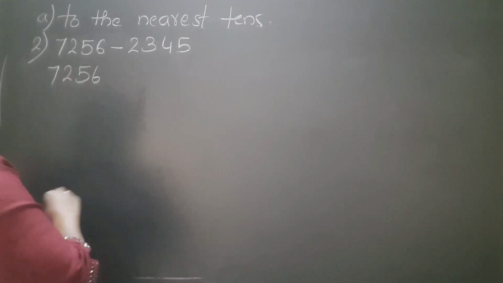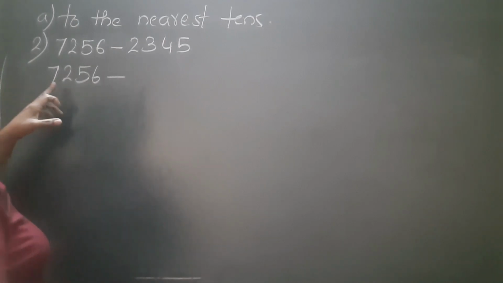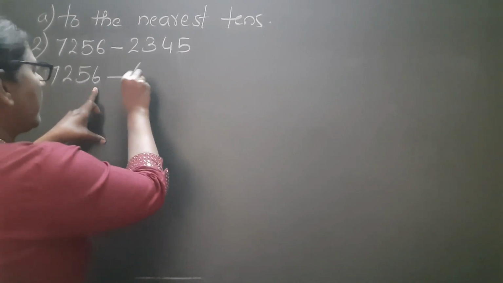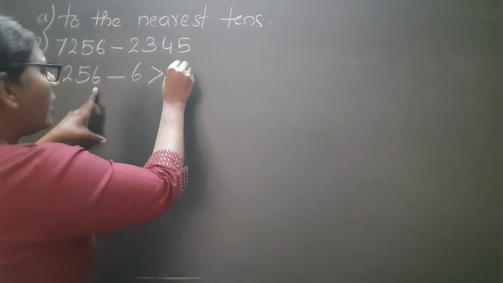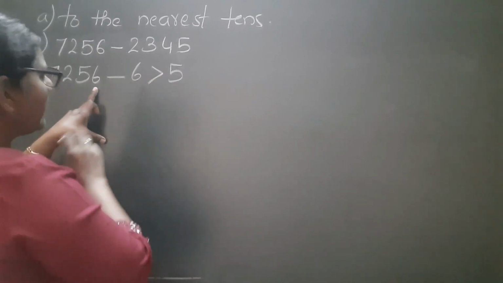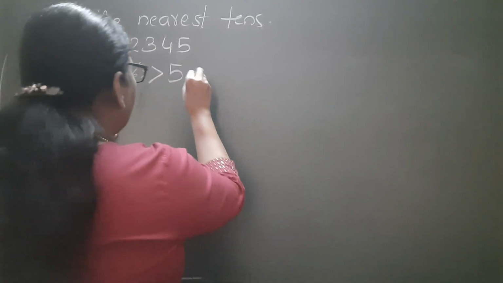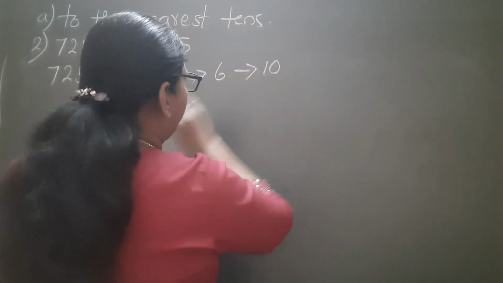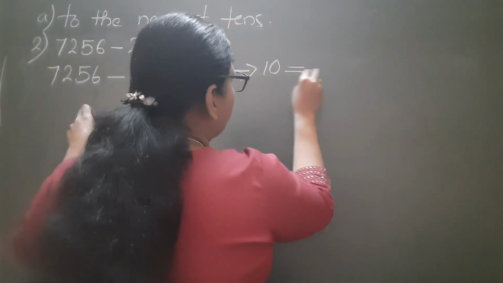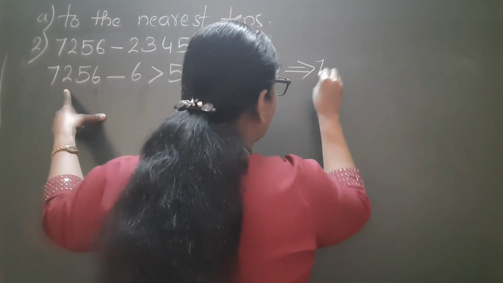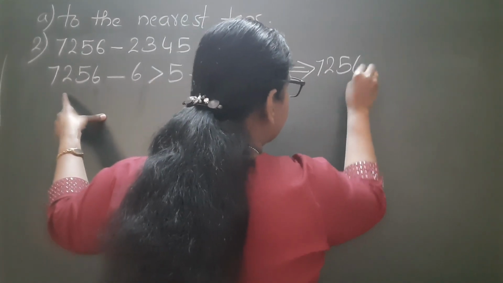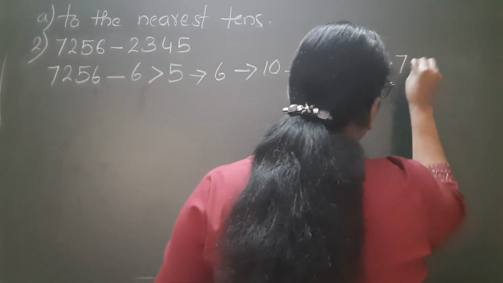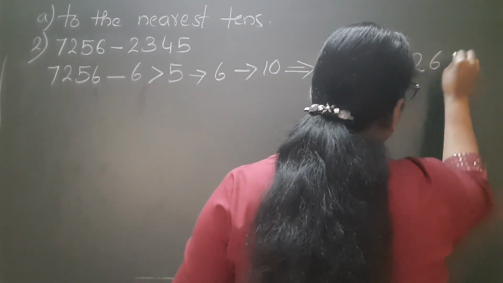In 7256, 6 is in the ones place. 6 is greater than 5, so 6 rounds off to 10. So 7256 rounds off to 7260.